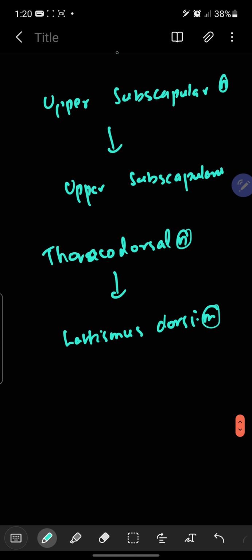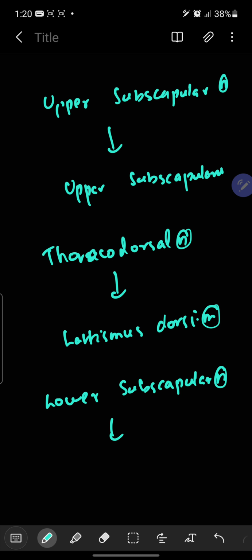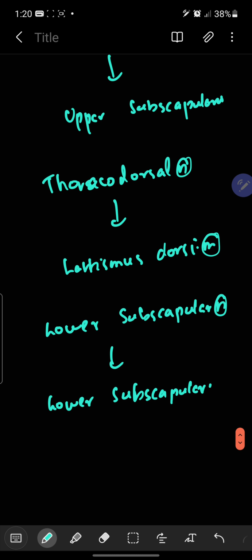And we are having the lower subscapular nerve, which is supplying the lower part of subscapularis and teres major muscle.